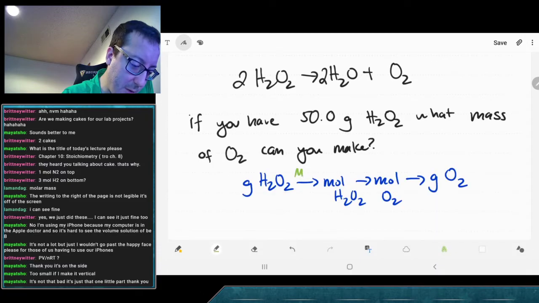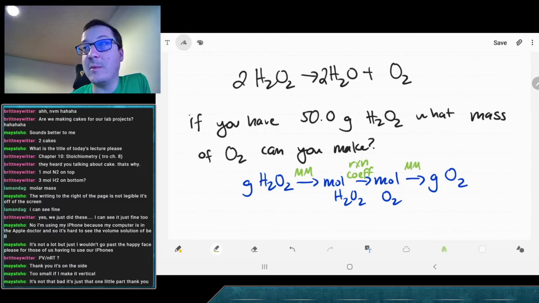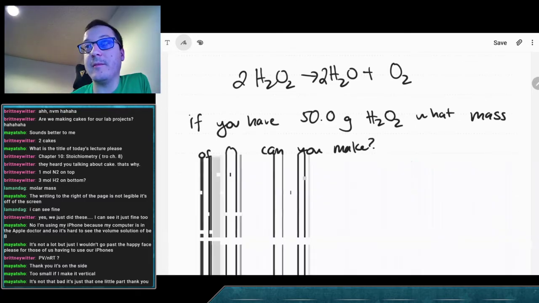So this was our molar mass. These are our reaction coefficients. I don't know how to spell coefficients. Coef. There we go. And this was, again, a molar mass. It will be our last conversion bit.